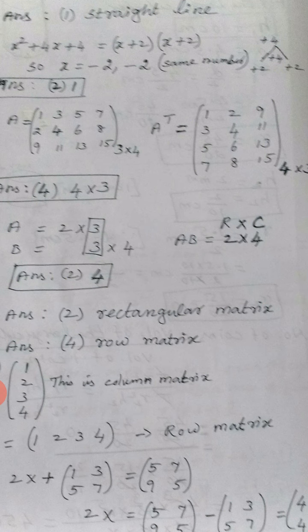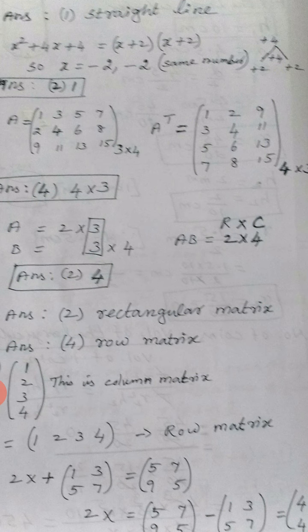Here the first row is 1 3 5 7, so write that in the first column: 1 3 5 7. Then the elements of the second row are 2 4 6 8, write that in the second column: 2 4 6 8. Then the elements of the third row are 9 11 13 15, write that in the third column: 9 11 13 15. So now we get the A transpose.